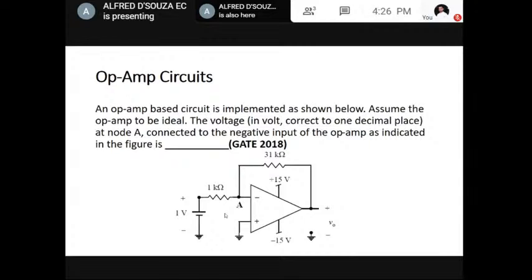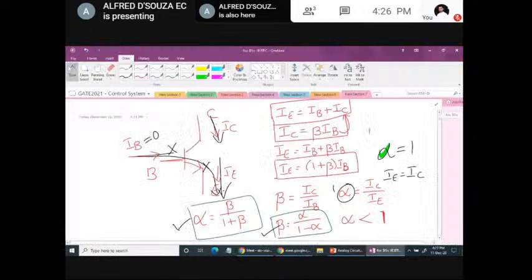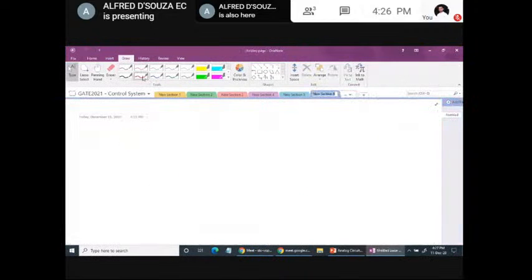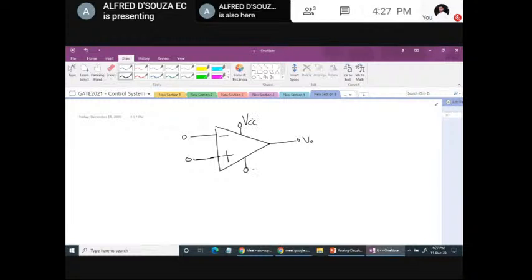Okay, let's move on to the next type of device, operational amplifier. So an operational amplifier will have an inverting terminal and a non-inverting terminal and an output terminal V0, and it is driven by supply voltages VCC and minus VEE.